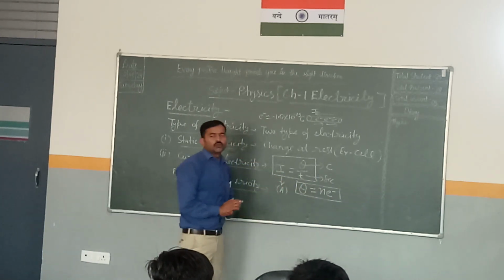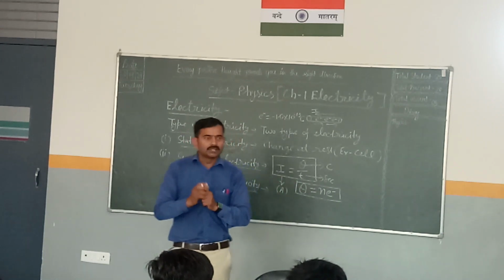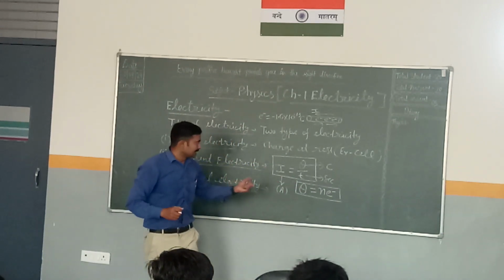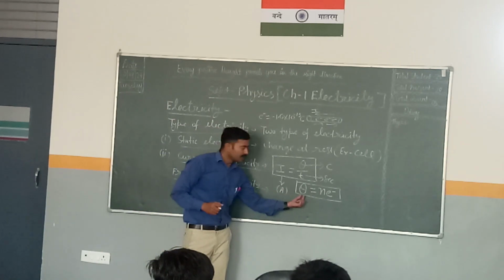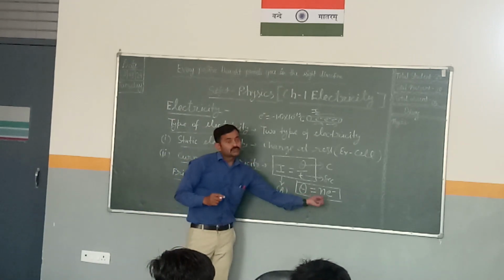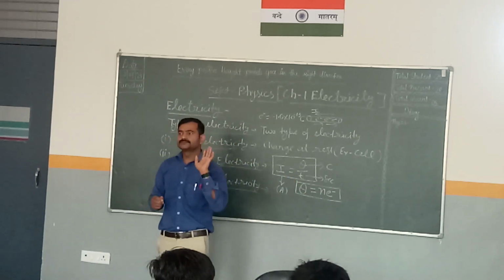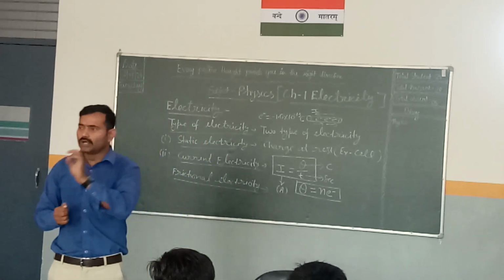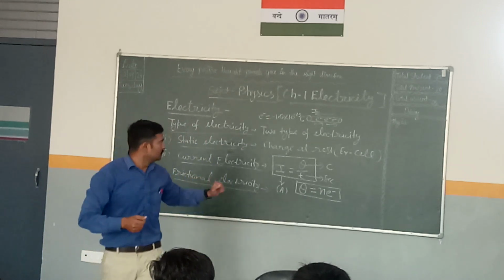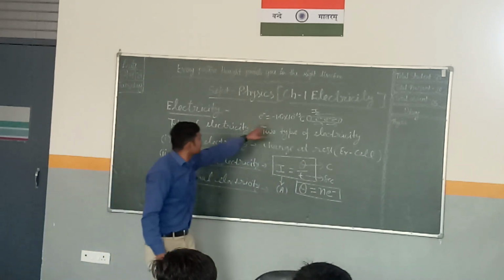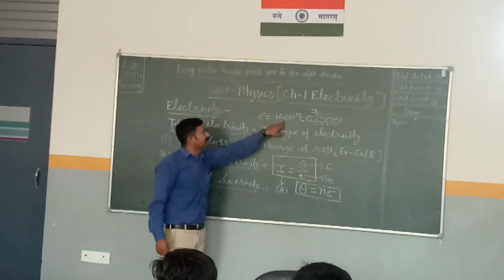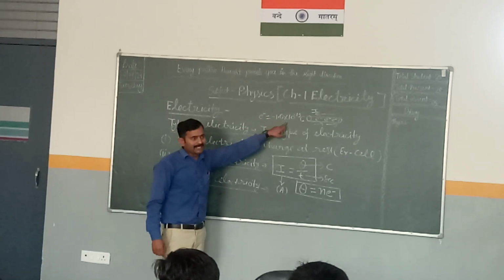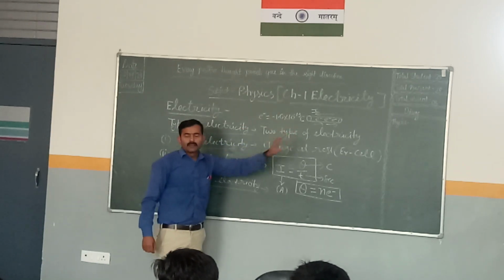If you want to find the number of electrons, we need two things: the charge, that is how much charge there is in a wire in coulomb, and the charge of one electron, that is equal to minus 1.6 into 10 to the power minus 19.